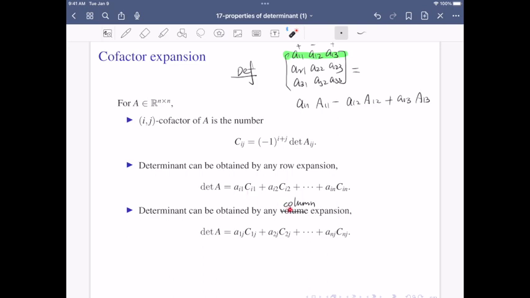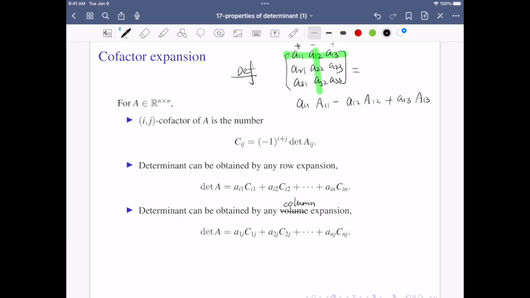Of course, you can do column expansion, so you can go along this column or go along the second column. For example, if I go along this column, what I usually do is put the signs first.